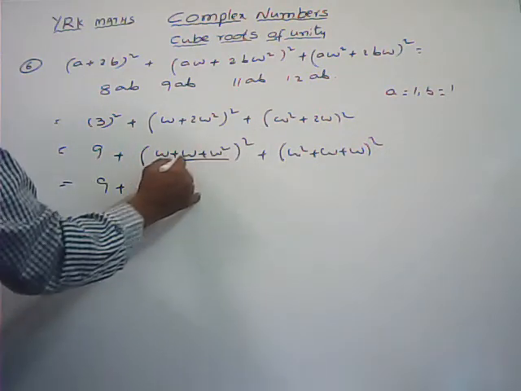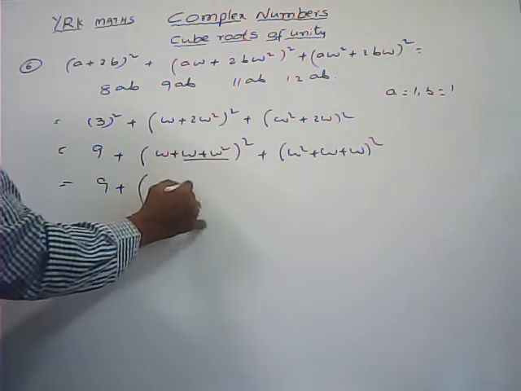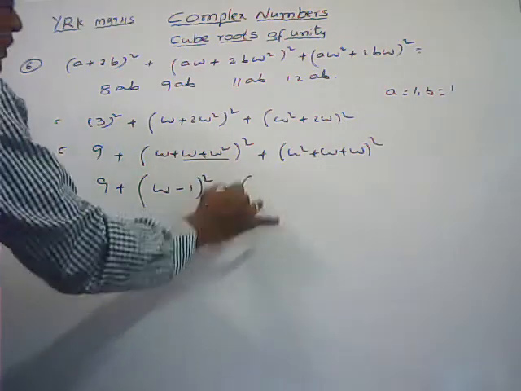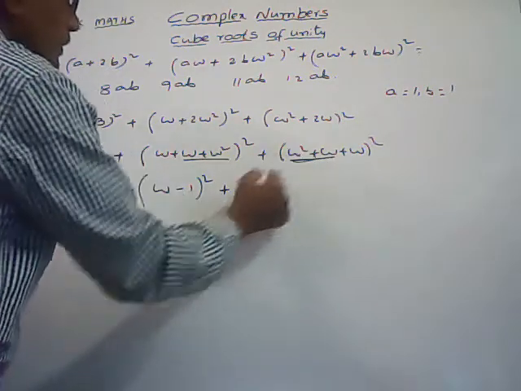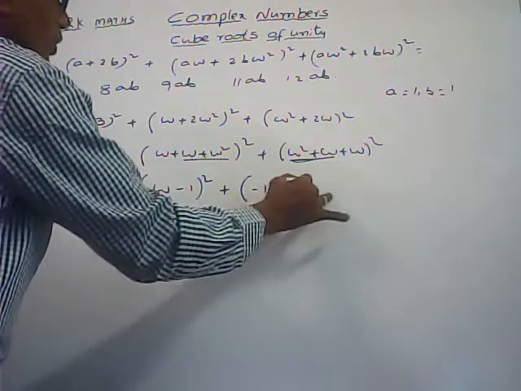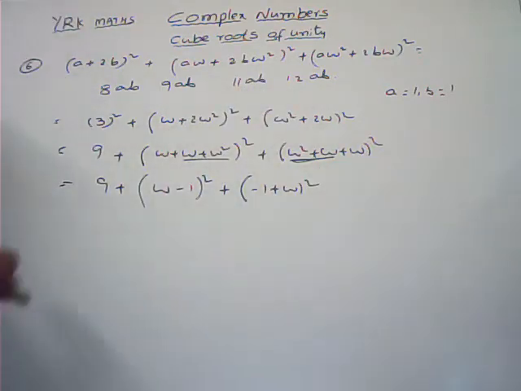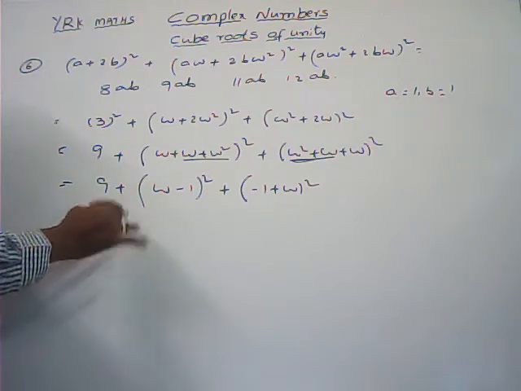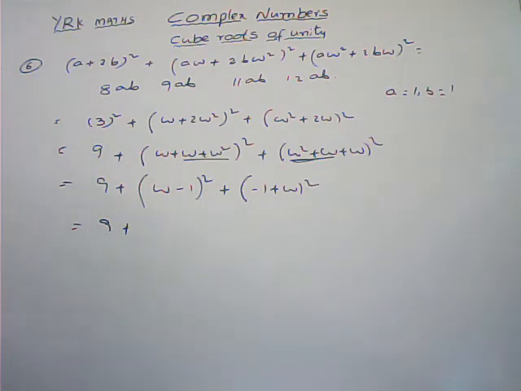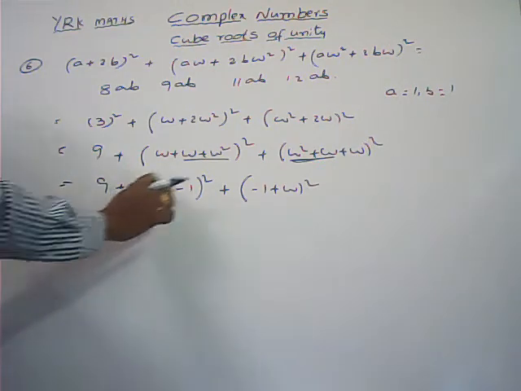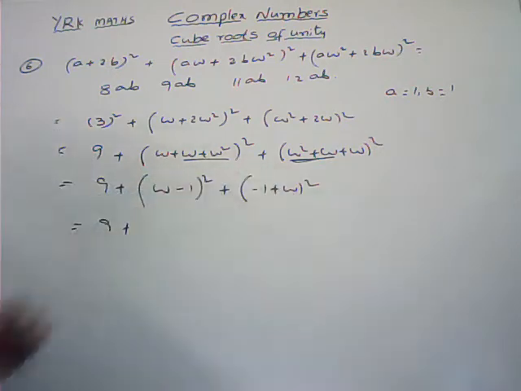So here omega plus omega square we can write minus 1 whole square. Here also omega square plus omega, that is minus 1 plus omega whole square. Now a minus b whole square is equal to b minus a whole square also. Here omega minus 1 whole square is there. Here also omega minus 1 whole square is there.